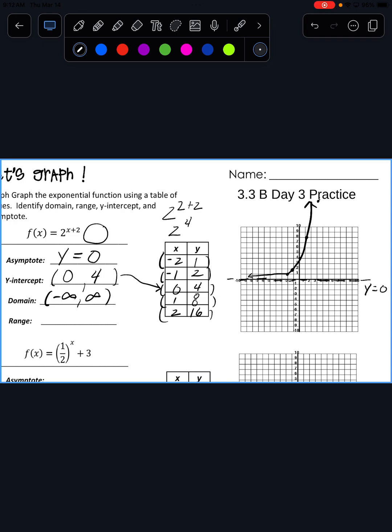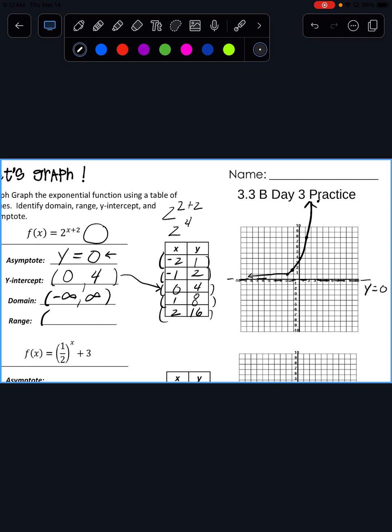Now my range is the range of my function from bottom to top in relation to the y-axis. And what I know about this function is it's trying very, very hard on the bottom to reach my asymptote at y equals 0, but it never quite gets there.